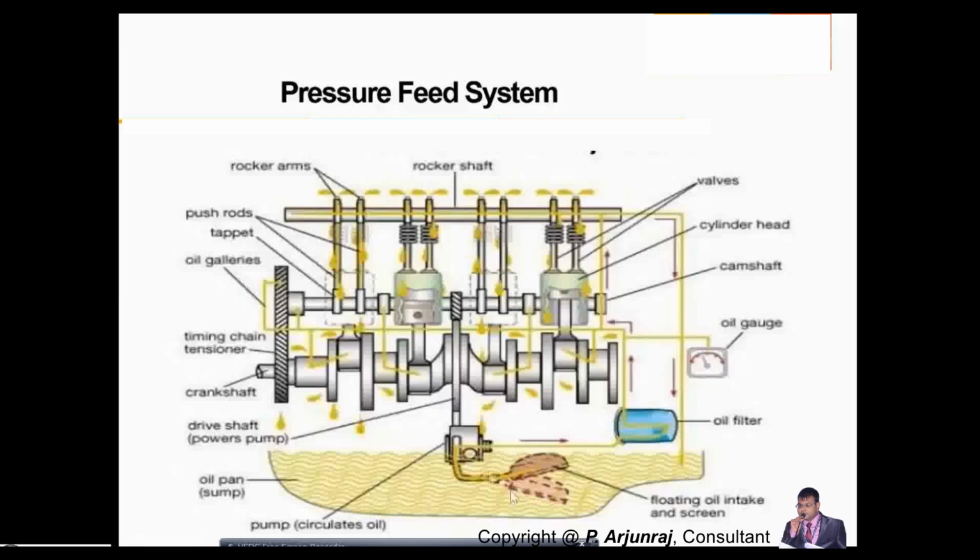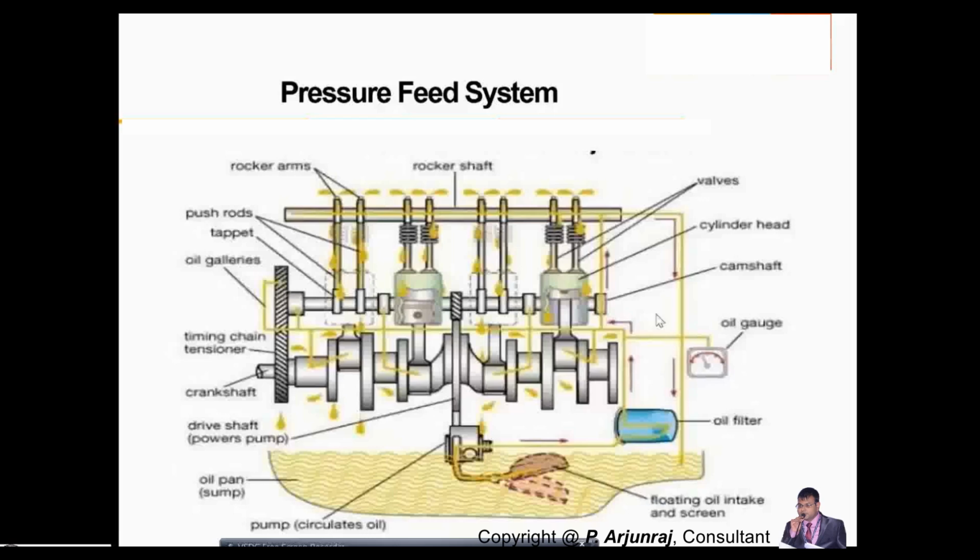When the engine is running, you are going to get a temperature rise in the engine oil, and when the temperature rises, we need to cool that engine oil as well, for which you are using the coolant system, where the oil goes inside and the coolant goes outside. There is a heat transfer that happens between the oil and the coolant.